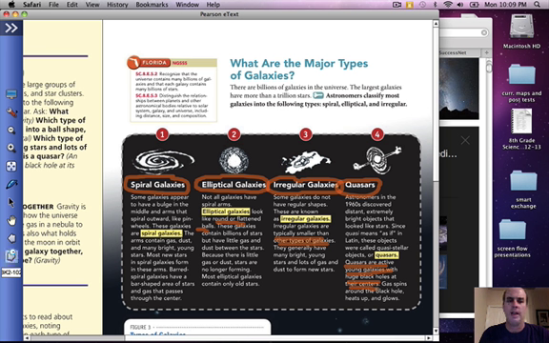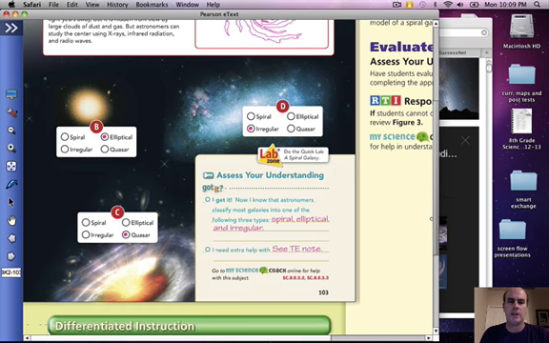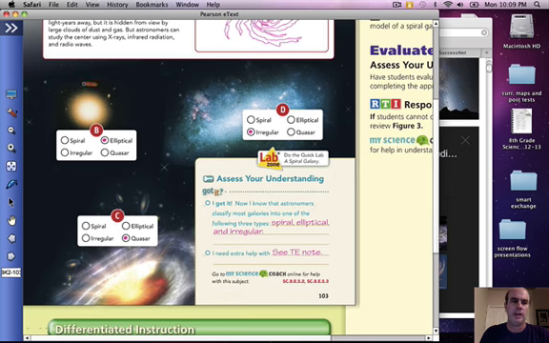If we go to the next page, it's got some good photos of these types. Okay, here you see an elliptical galaxy, kind of football shaped there. An irregular shaped galaxy over here that really doesn't have a defined shape. Okay, this is a quasar here with that huge black hole at the center down here.